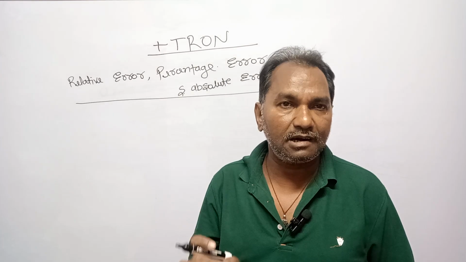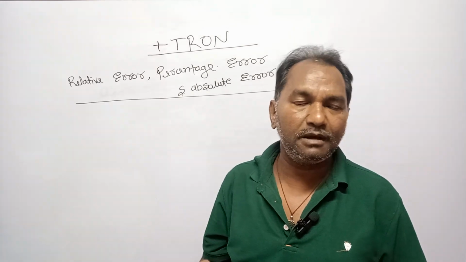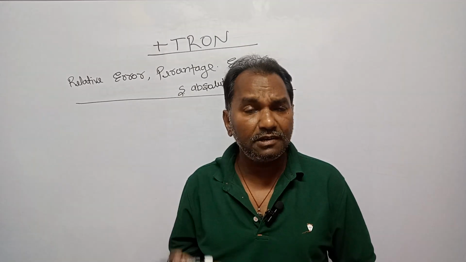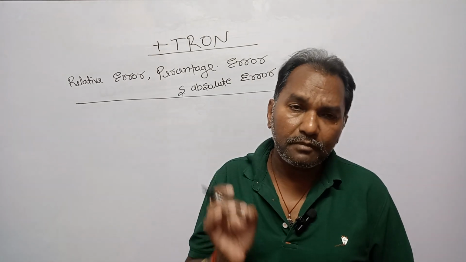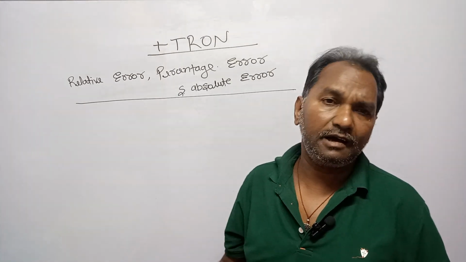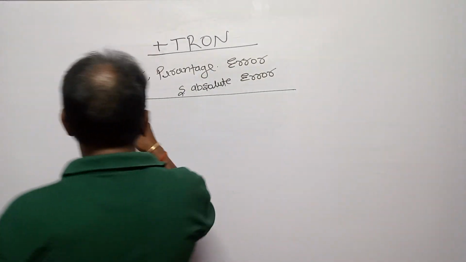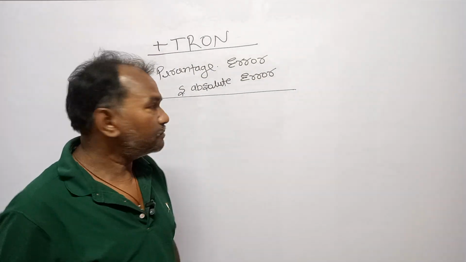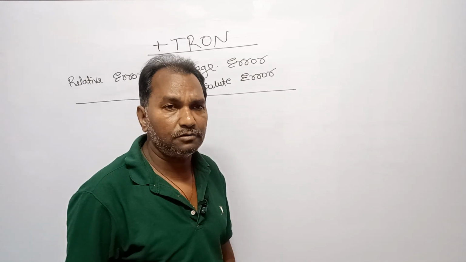That is why we need to study the permissible error in an experiment. Today's topic is relative error, percentage error and absolute error.